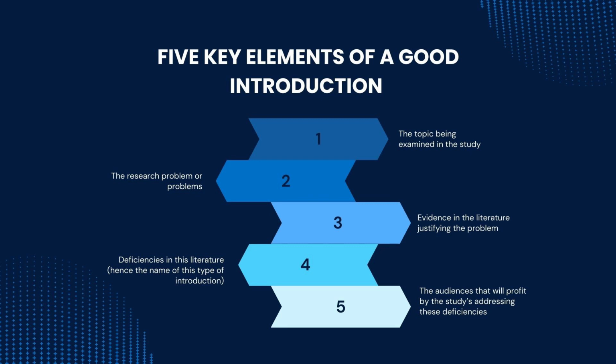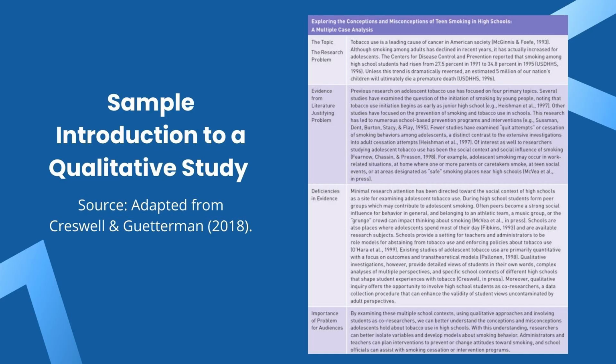The 5 major components that go into a good deficiencies model introduction are the topic being examined in the study, the research problem or problems, evidence in the literature justifying the problem, deficiencies in this literature, and audiences that will profit by the study addressing these deficiencies. John next used the same approach in his text, Educational Research.